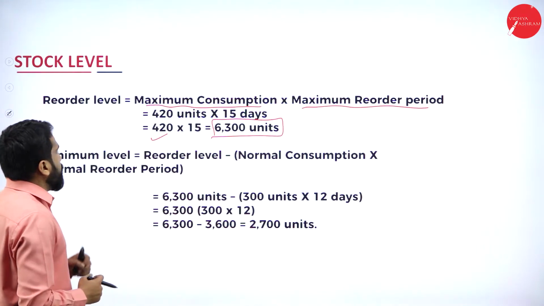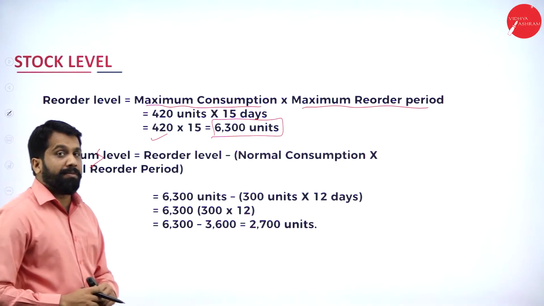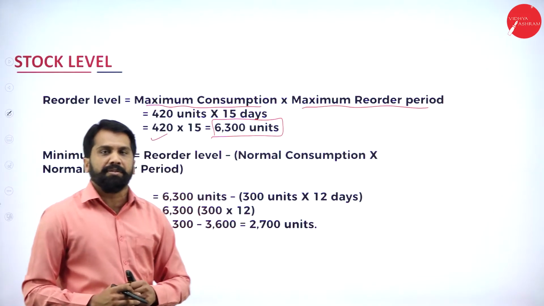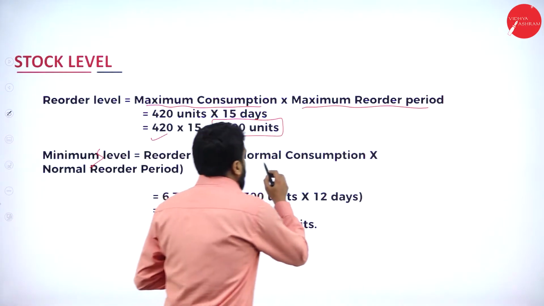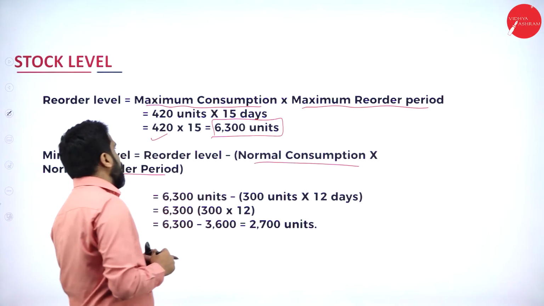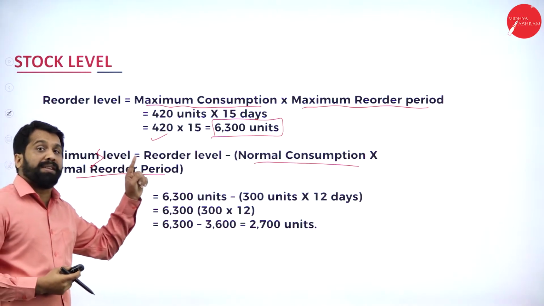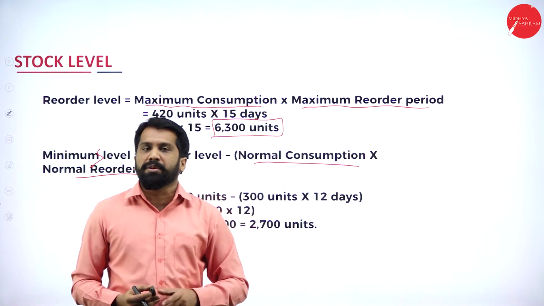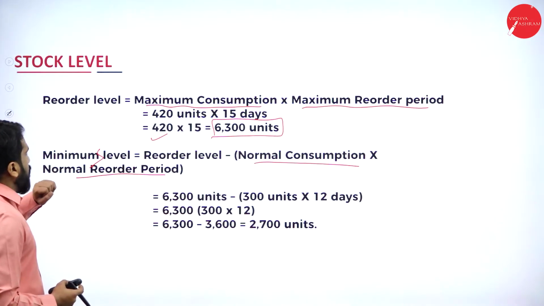Next, minimum stock level. Whatever is mentioned in the question, the same thing you have to write. Now, reorder level minus normal consumption into normal reorder period. Remember, if you want to do minimum stock level, you have to complete reorder level first, because without reorder level, you cannot do your minimum stock level. Now, what is the formula?